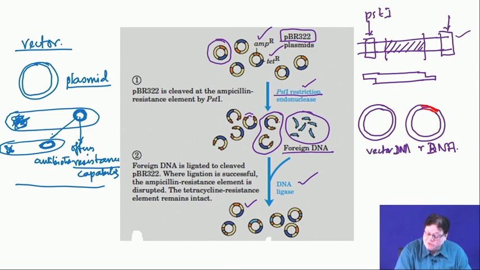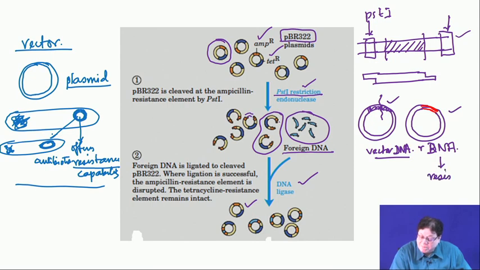So, you have now two types of DNA, one is the normal earlier one, and the other one is a recombinant DNA. The difference between the two is that, remember this was your ampicillin resistance gene and you have cut inside, and then you have put a foreign DNA in the rDNA, recombinant DNA. So, this recombinant DNA lacks the resistance against ampicillin.